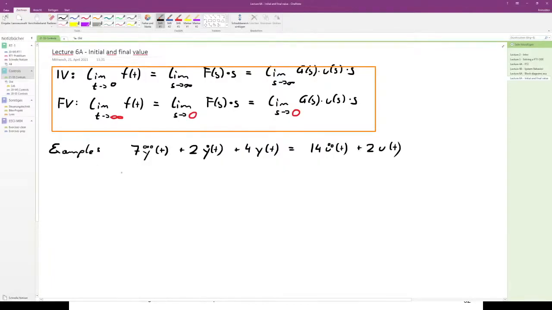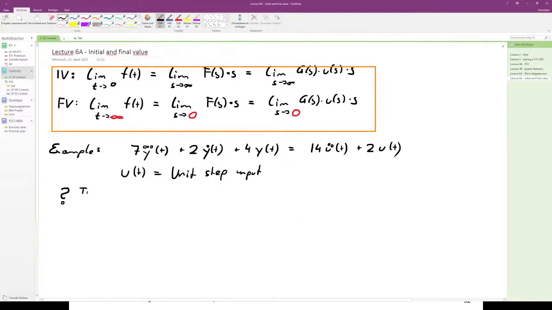And we're gonna define u of t to be a step input, and actually we can do a unit step just for the sake of simplicity.